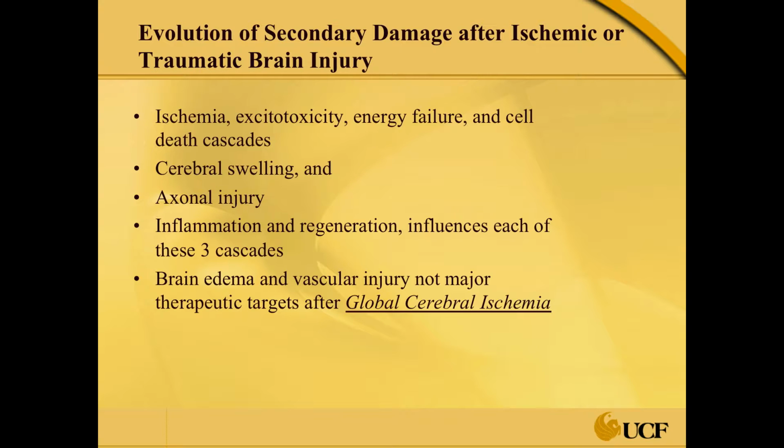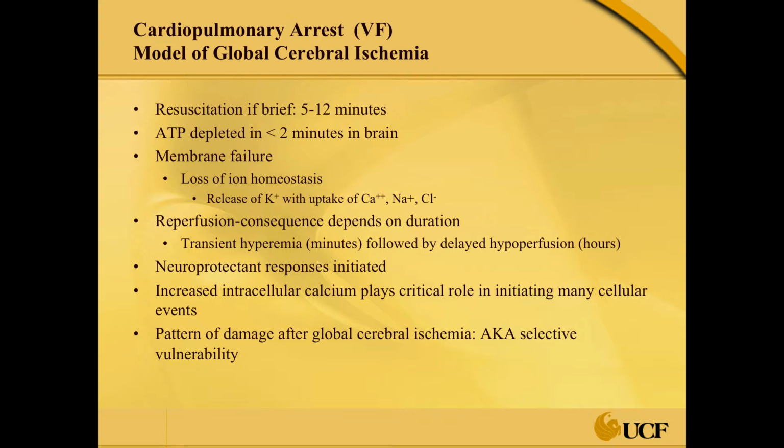We'll talk a little more about what that means as we progress. But basically, we know that the brain sustains the direct trauma or direct injury from ischemia or stroke, for example, an ischemic event from either a thrombus or an embolism, or a bleeding event like a hemorrhagic stroke. And then we get these secondary effects which cause even further damage to the neuronal tissue.